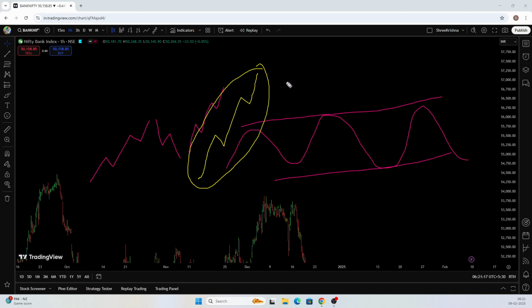If a price has to regress, it also has to come in the form of a five-wave structure.